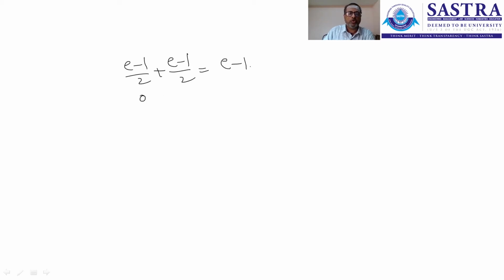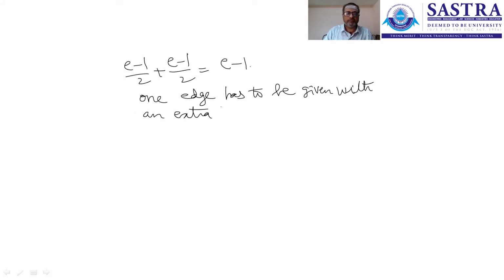So one edge has to be given an extra color, so chi dash of G is greater than or equal to 3.